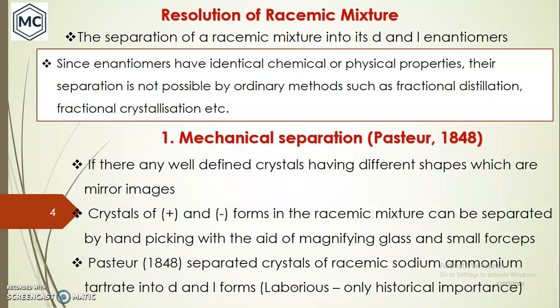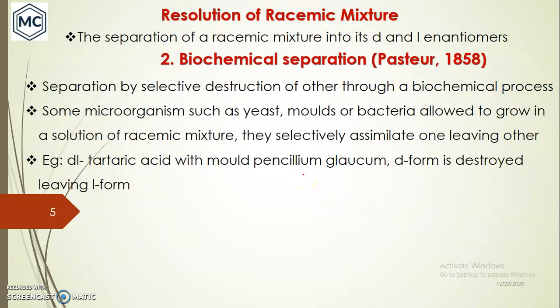But this was done by Louis Pasteur in 1848. He separated crystals of racemic sodium ammonium tartrate into D and L forms, and this is very laborious, very difficult. It has only historical importance. That was the first time the two enantiomers were separated. Until then no one had done it.